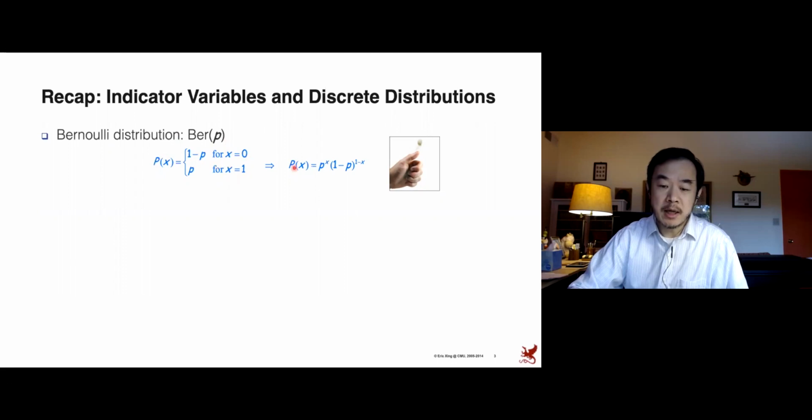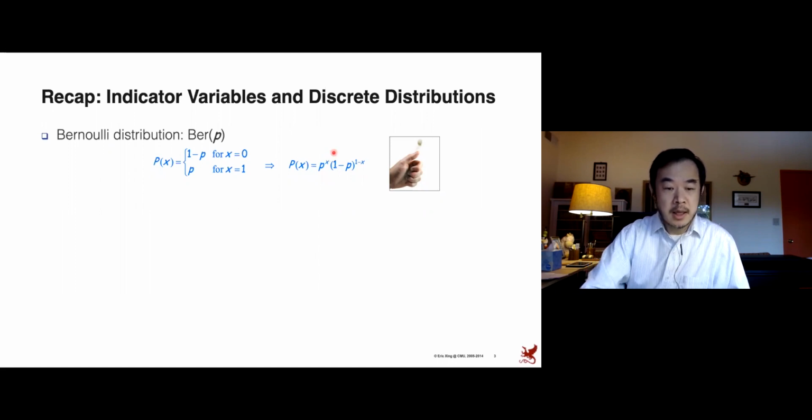The way to write down the probability of a coin tossing outcome is this: p to the power of x times 1 minus p to the power of 1 minus x. As you can see, this x is binary. It can be 0 or 1. Therefore, only one of these two terms will be honored. The other will be reduced to 1 because the power is 0.